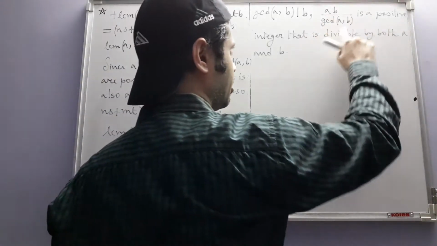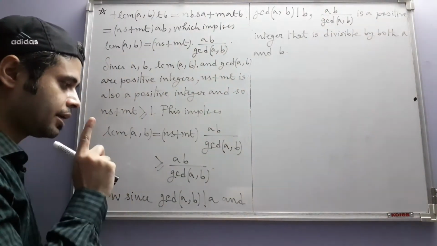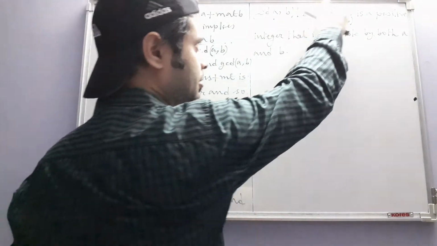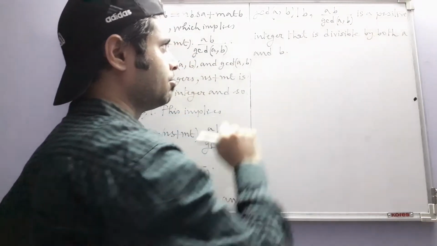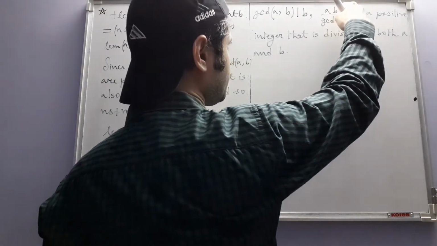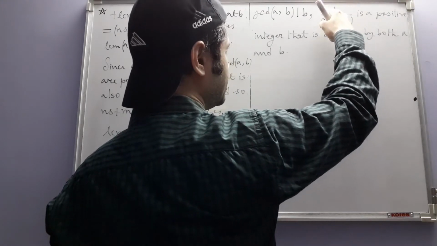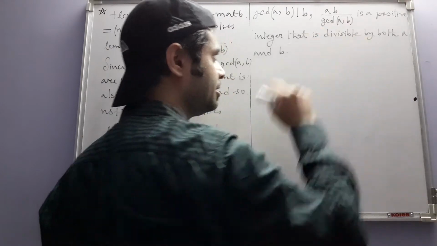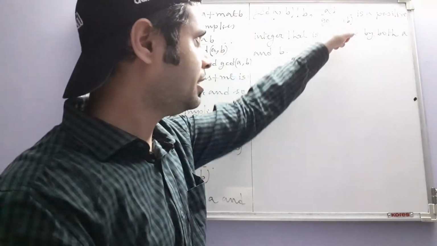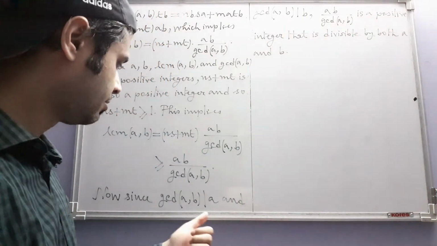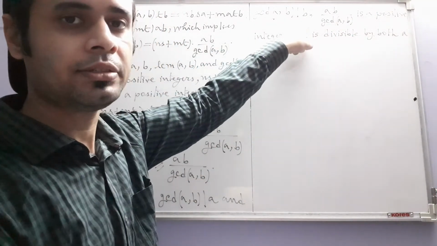So this after all is a positive integer, but at the same time it's not just any positive integer, this itself is divisible by both a and b. Why? You see, if you consider this as a product of a and b divided by GCD of a and b, b divided by GCD of a and b is itself a positive integer because GCD divides b.